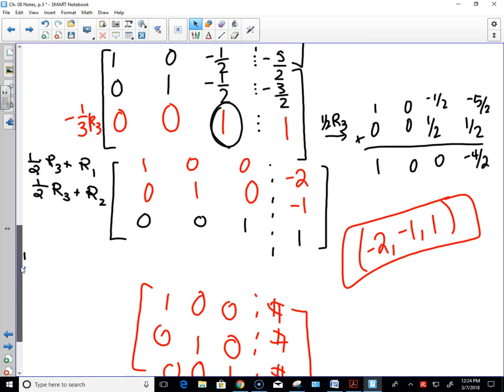Is there a system, a method to the madness? Is there a method to what we're doing? Yeah. Are we working by columns? Mm-hmm. Do we have a goal in mind as to what we're trying to get? When we're in a column, do we always start with the same objective? Get the 1 wherever it needs to be. So we're in different rows at times, but we're still getting a 1, and we always get a 1 by multiplying by the reciprocal.